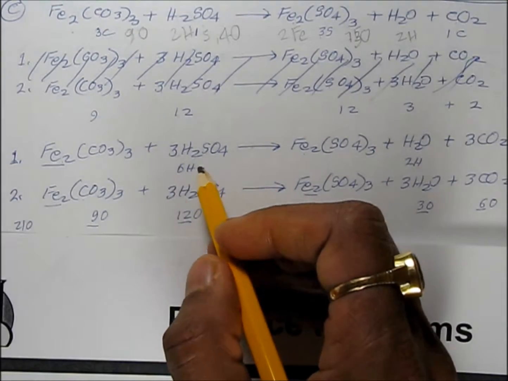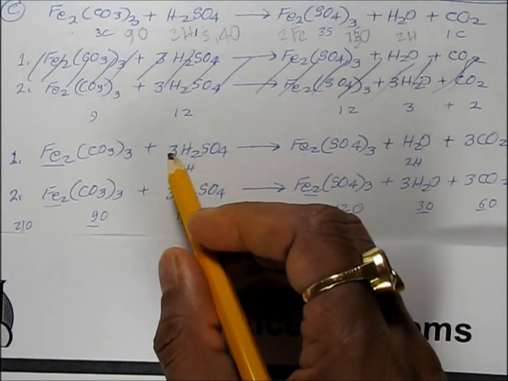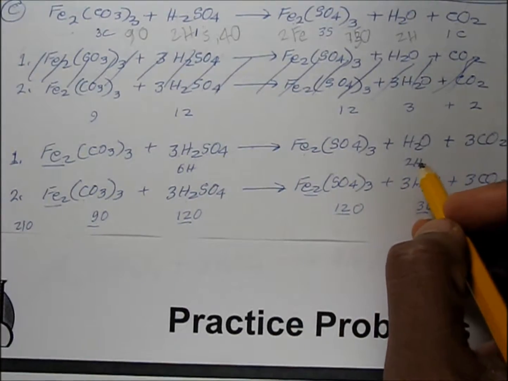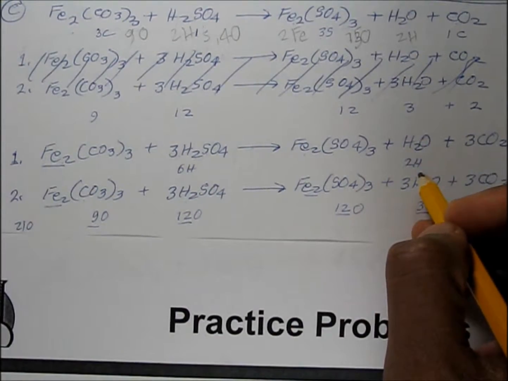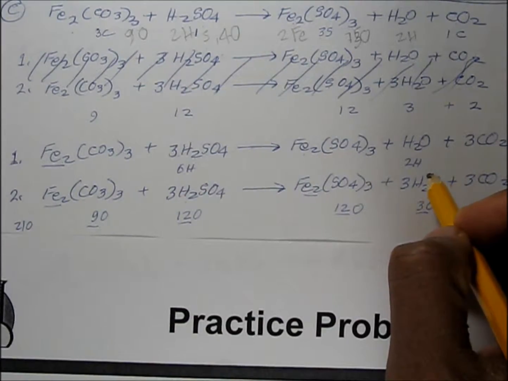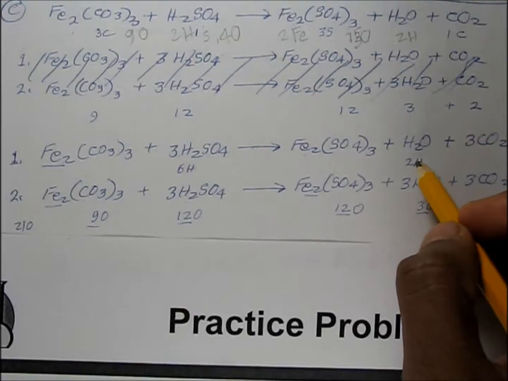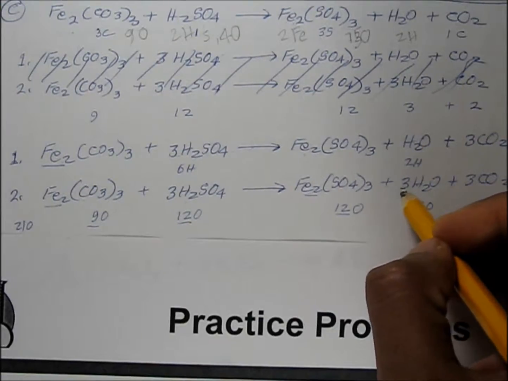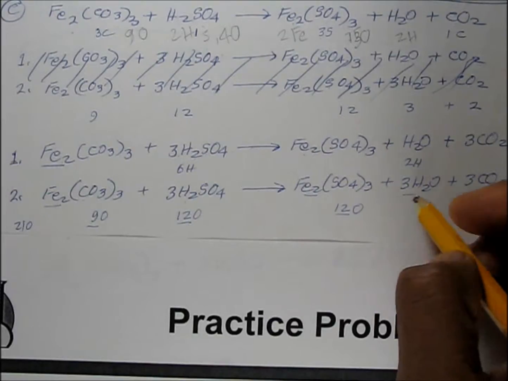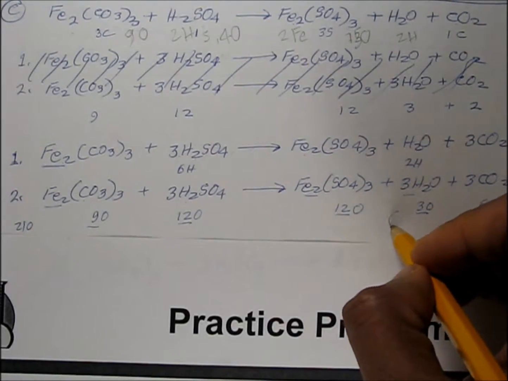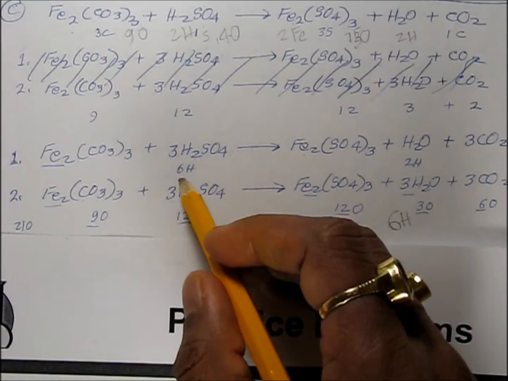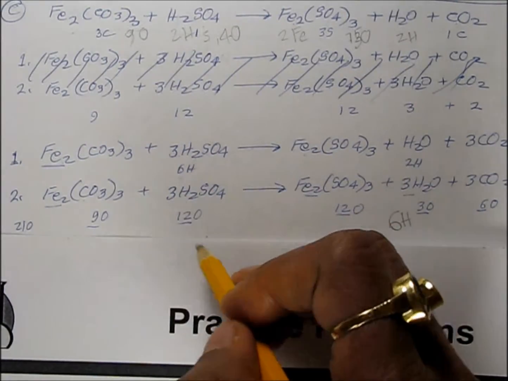So total hydrogen on this side will be 3 multiplied by 2, 6, and total hydrogen on this side will be 2. So we need to add a bigger number here somewhere. So we can add 3 in front of the water molecule. So 3 multiplied by 2 will be 6 hydrogen, 6 hydrogen this side and 6 hydrogen this side. So hydrogen is also balanced.